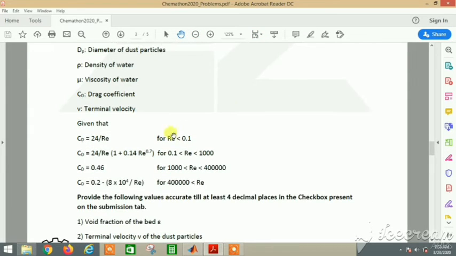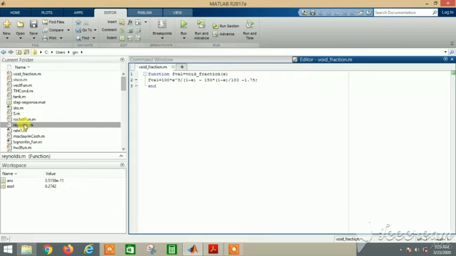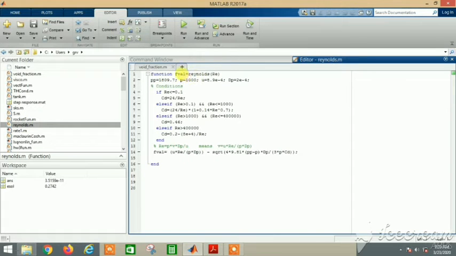We here will use these equations, and we'll put them in an if else statement. If this Reynolds is this, then this is my drag coefficient. Else if this is the range, then this is my drag coefficient. Else if this is the case. I have already made a function on this, that is Reynolds, and the function gives us fval.